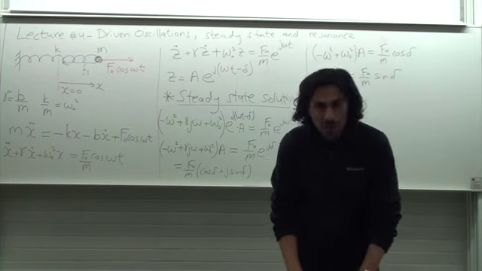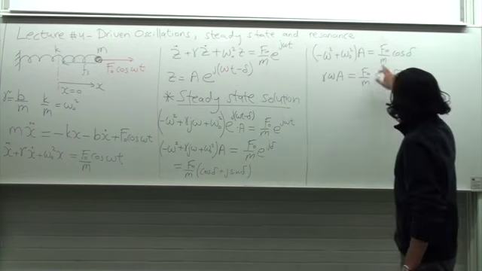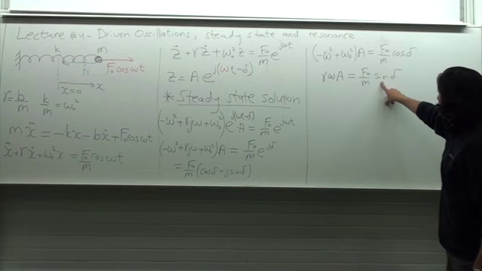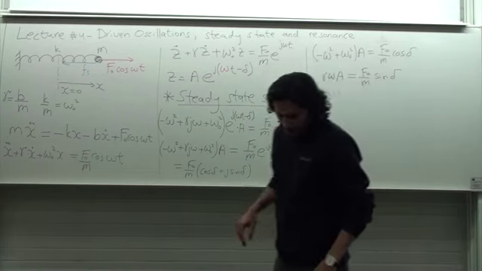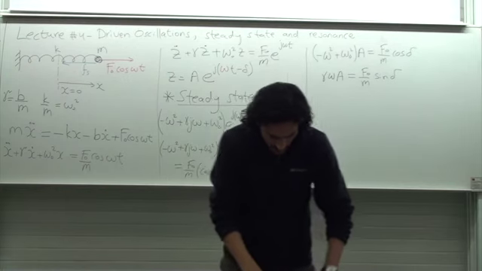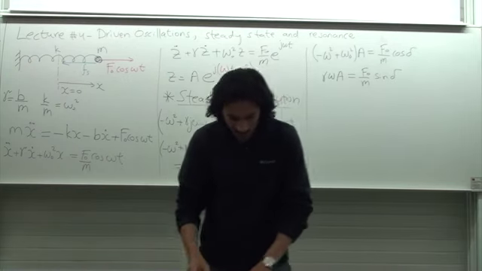if you just square these two equations, because this will give you sine squared and cosine squared, and adding them together would give you 1.